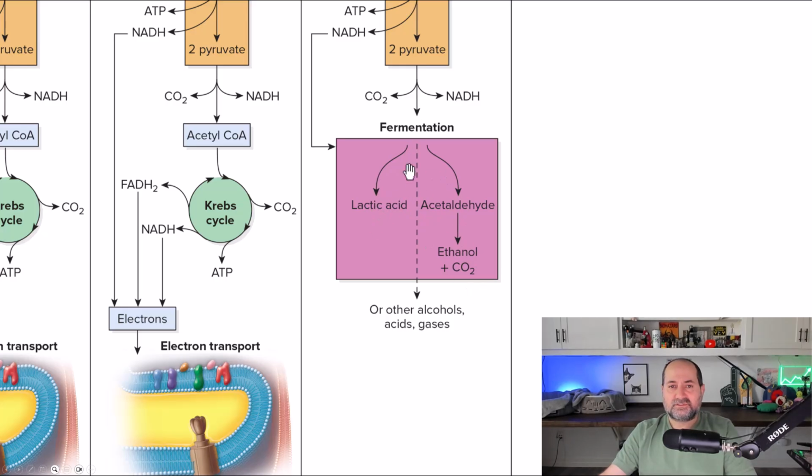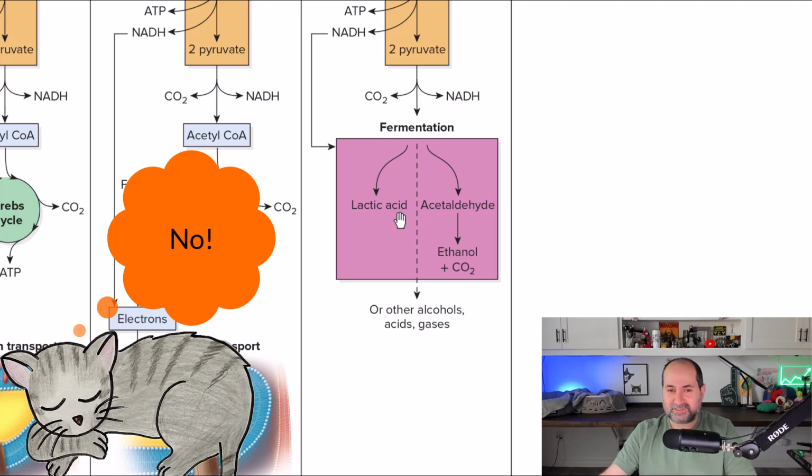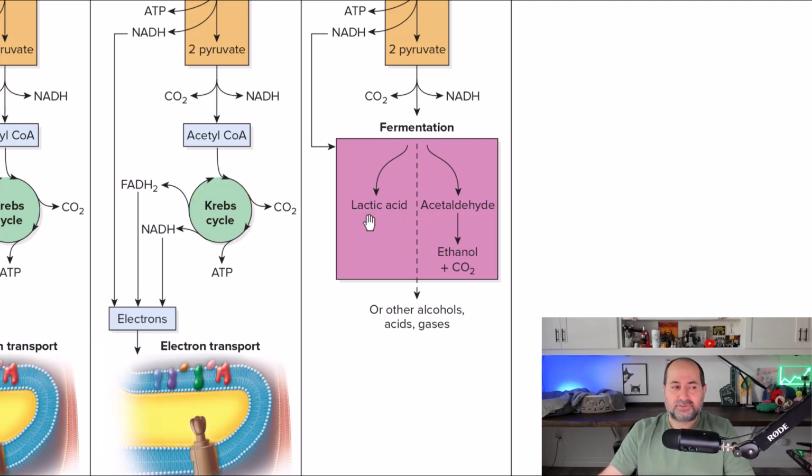Do all creatures produce the same fermentation products like us, like lactic acid? No, different creatures, different microorganisms produce different fermentation products. You and me produce lactic acid during fermentation, when we hit the gym too hard, right?